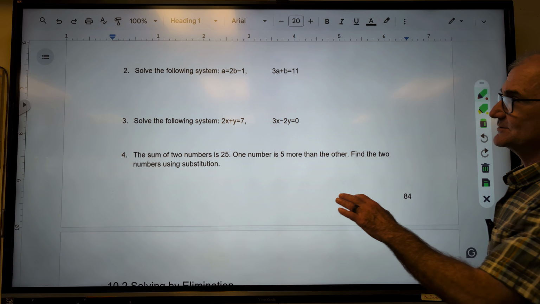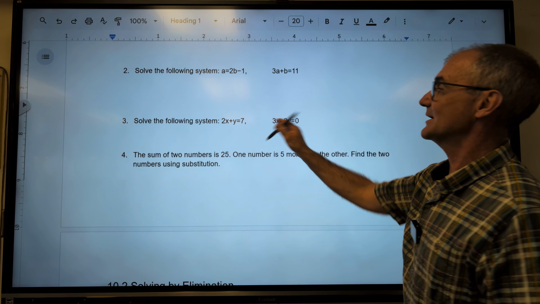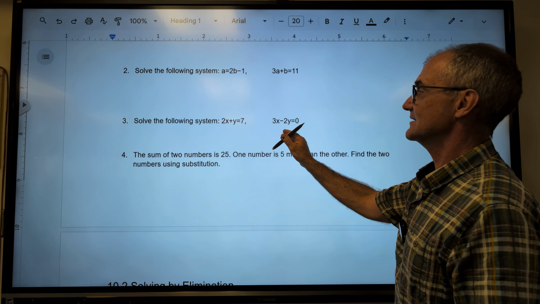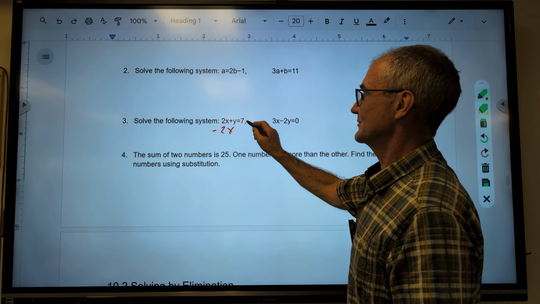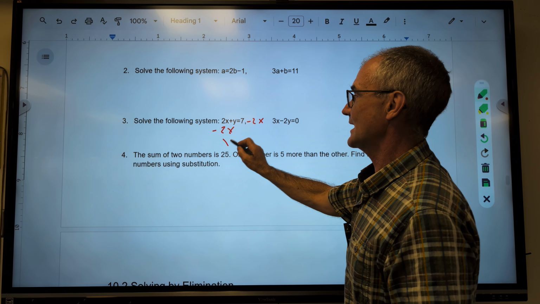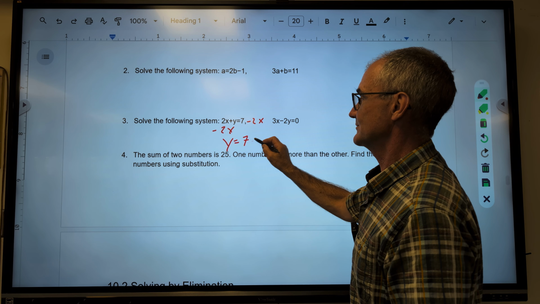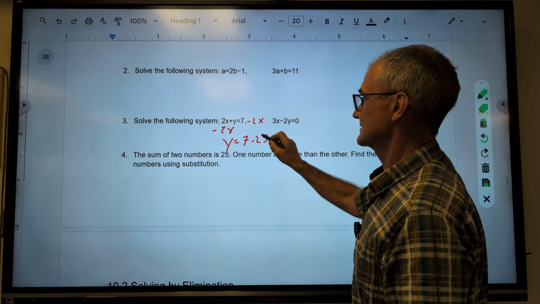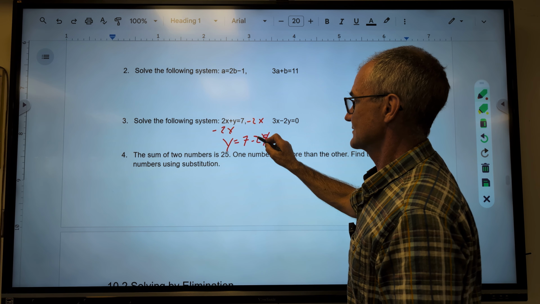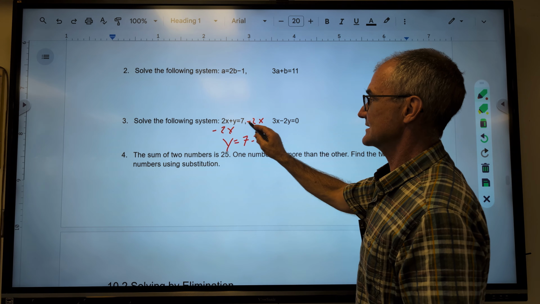because this one's a little trickier. I don't have y by itself, so I have to solve for y first in terms of x. So on this one right here, I'm going to subtract 2x from both sides to get y is equal to 7 minus 2x. I subtract 2x, 7 minus 2x.